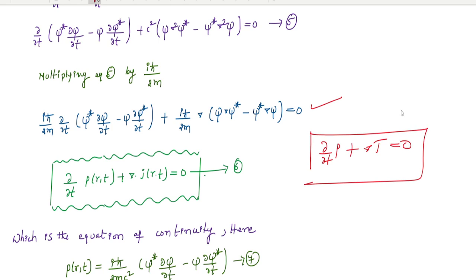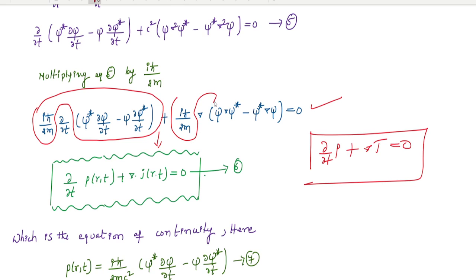So this is the general continuity equation. Here I'm going to write this equation in continuity equation form. In this, the first term is the probability density term, and this one is the J term, the current density term.